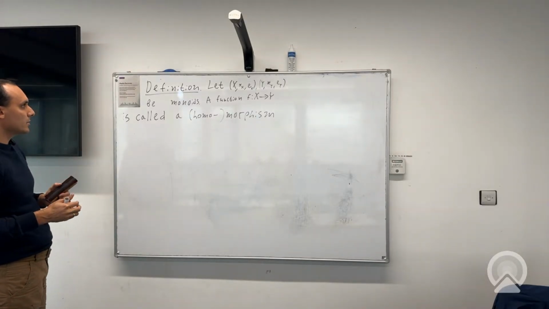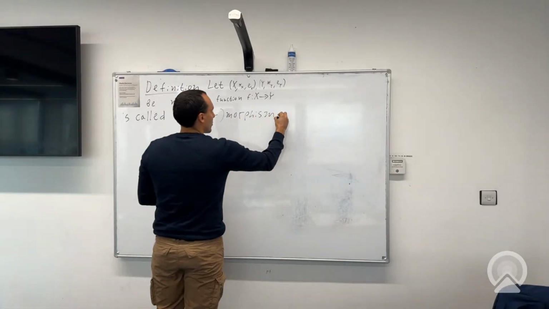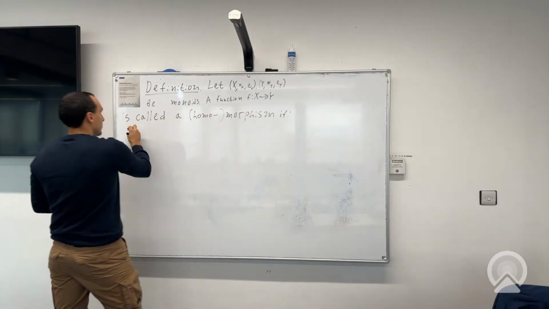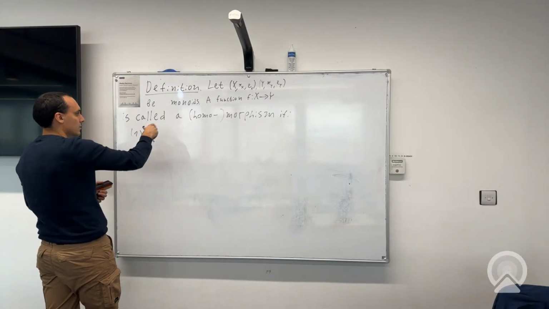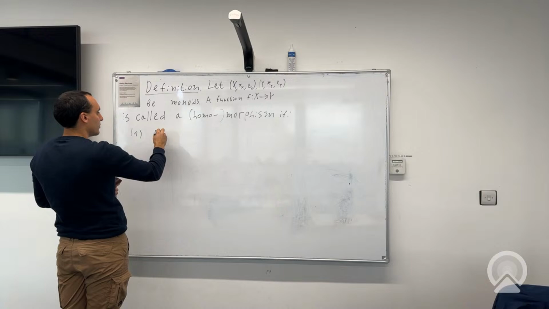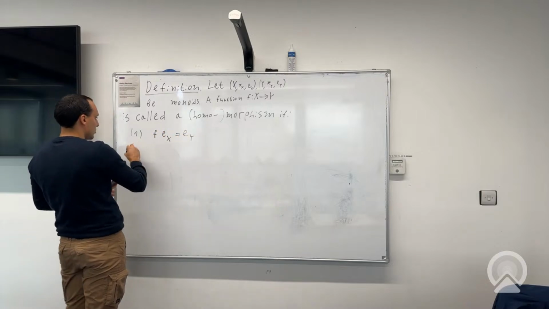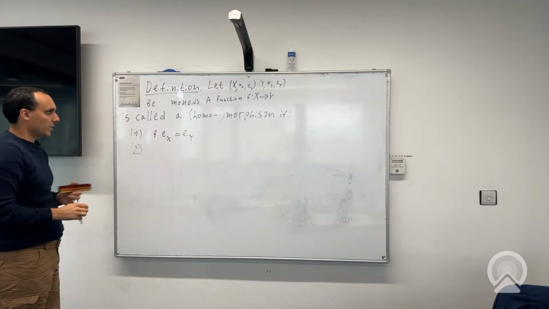It's a homomorphism if we have two things. First, the identity is respected: f of e_X is equal to e_Y. And two, multiplication is respected.